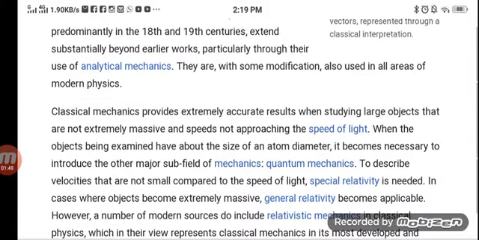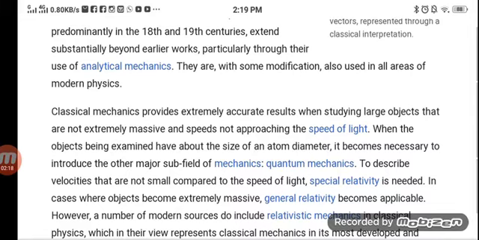Classical mechanics provides extremely accurate results when studying large objects that are not extremely massive and speeds not approaching the speed of light. When the objects being examined are about the size of an atom's diameter, it becomes necessary to introduce the other major subfield of mechanics, quantum mechanics.